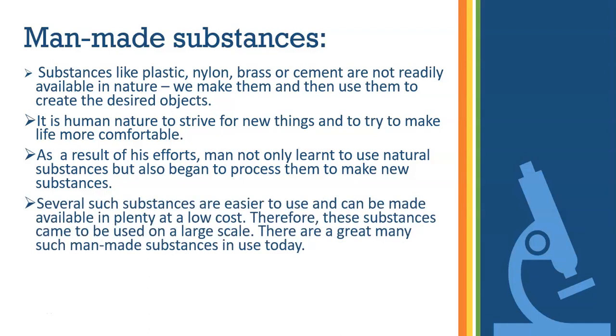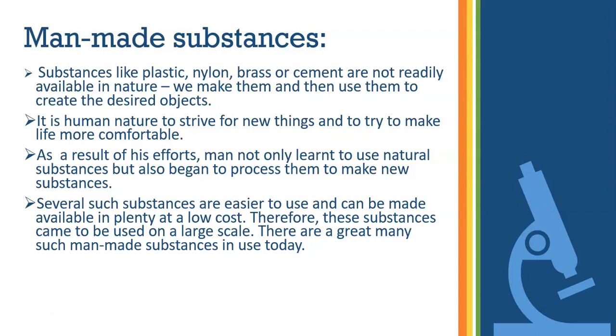Several substances are easier to use and can be made available in plenty at low cost. Therefore, these substances came to be used on a large scale. There are a great many such man-made substances in use today. Sometimes, my dear students, the raw material is easily available and we can use it to make things which we want, and when we make a huge quantity of that particular substance, then the cost of making is low.